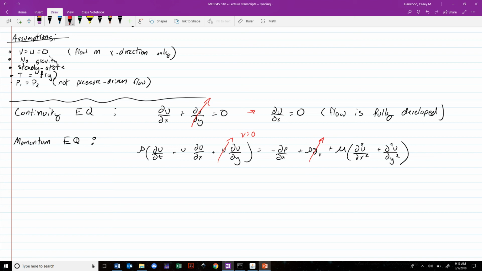Let's get rid of our g sub x term. Steady state means any temporal terms go to 0. We're not talking temperature yet. P1 equals P2. That means there's no pressure gradient. dp dx goes to 0.